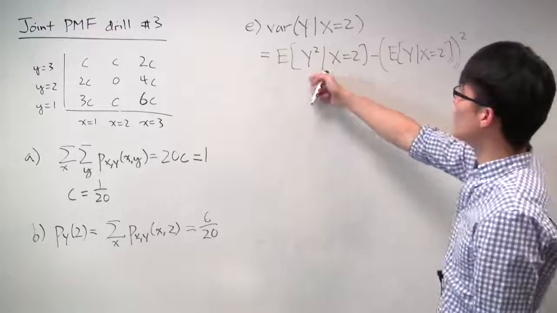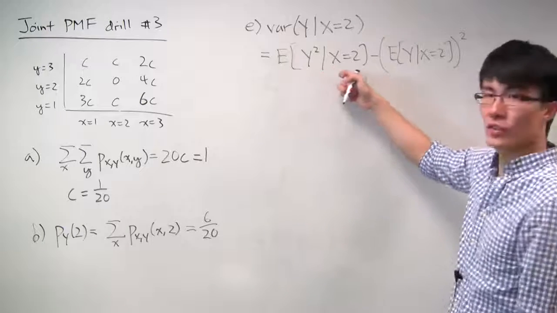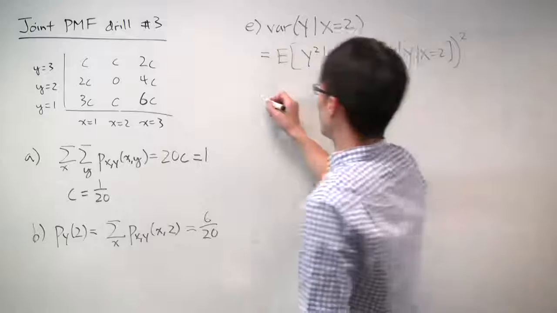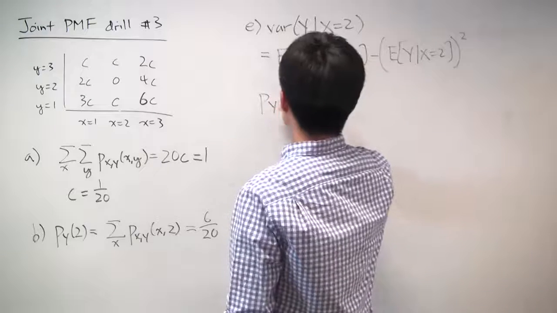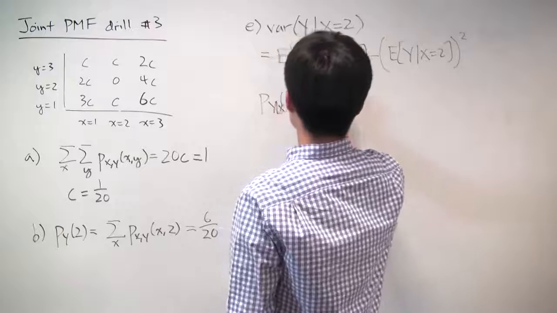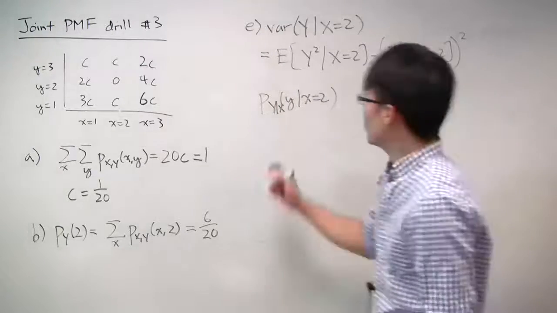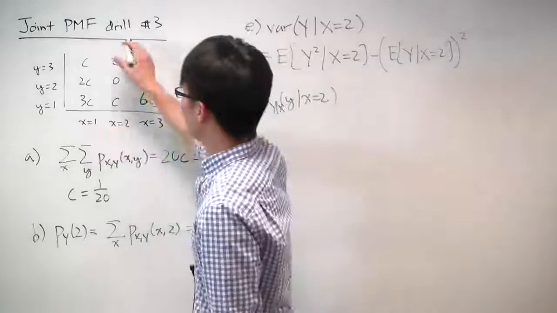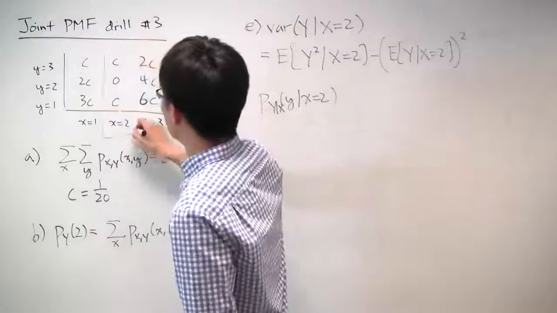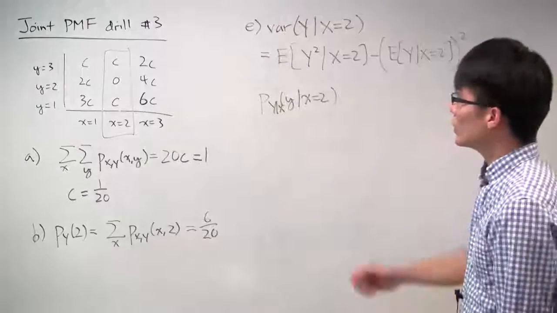Now what we need to do is calculate these two terms. To do that, we need the conditional PMF of y given that x is equal to 2. So we're in the world of this middle column, where x is equal to 2. Let's take a shortcut.